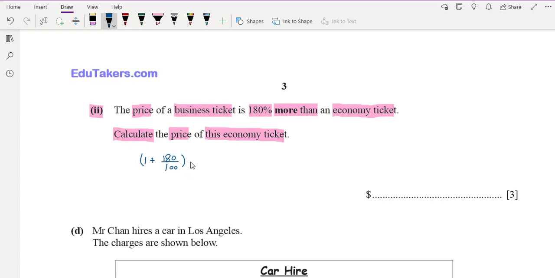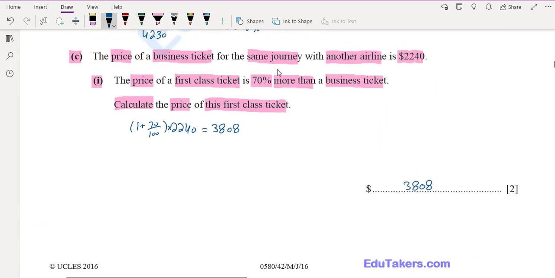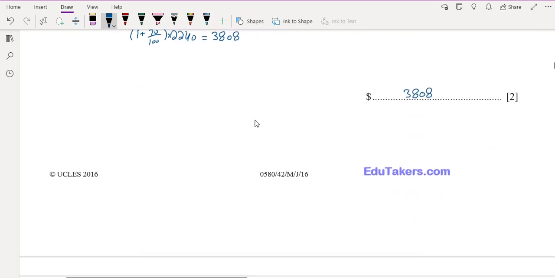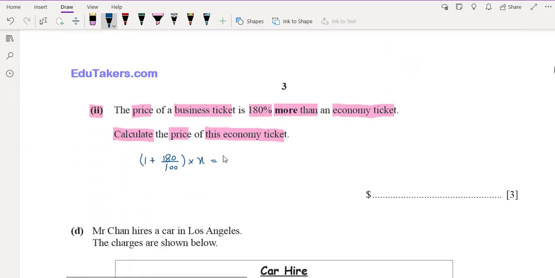Let's say the economy ticket is X dollars. Then the price of a business ticket is $2,240.